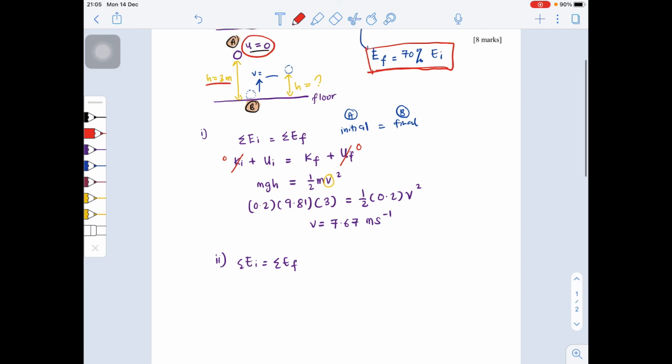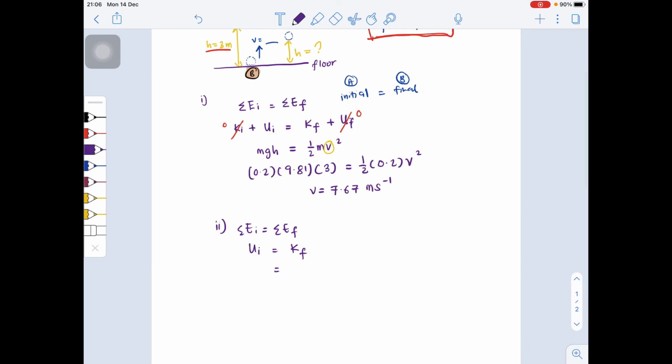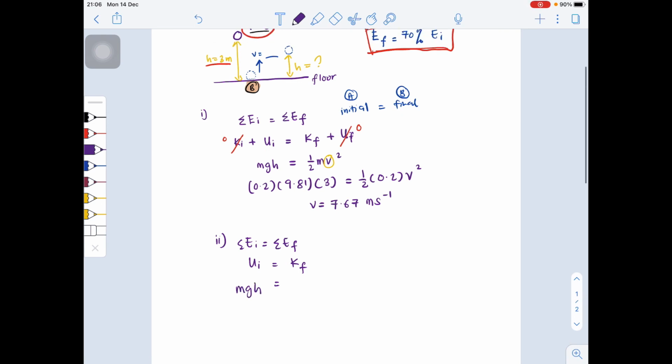So final energy yang kita ada is only the kinetic energy, which is K, and initial energy yang kita ada hanyalah potential energy. And here potential energy is mgh, kinetic energy will be 70% times the kinetic energy.